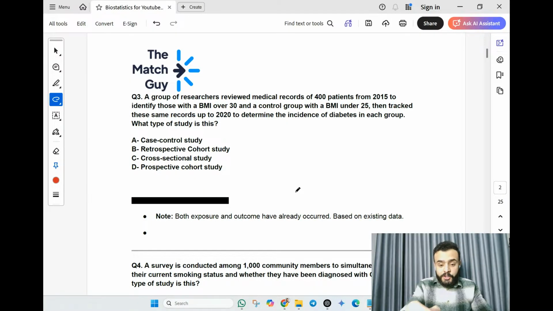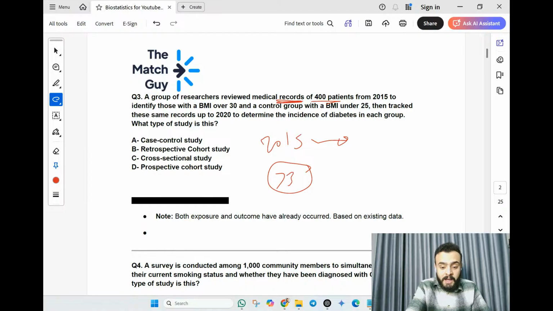A group of researchers reviewed medical records of 400 participants from 2015 to identify those with BMI over 30 and a control group with BMI under 25. So two groups: BMI higher than 30 and BMI lower than 25.